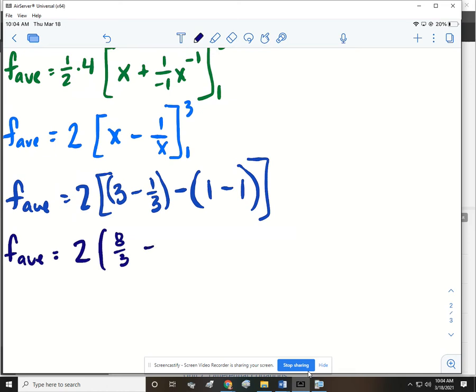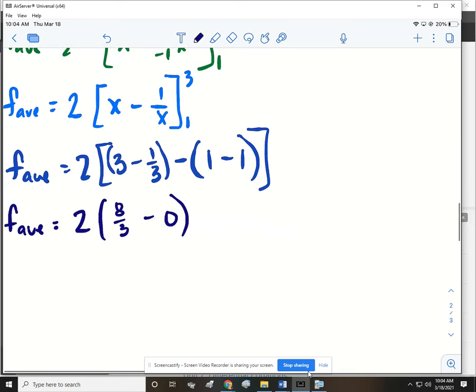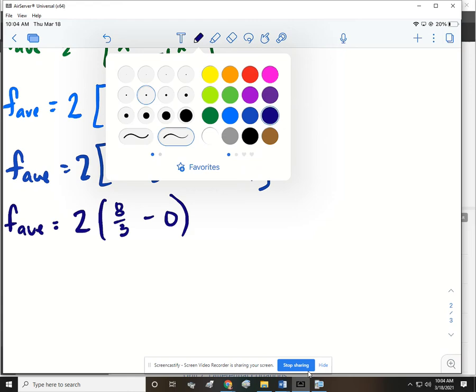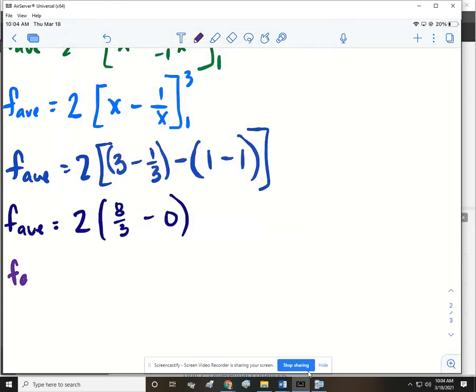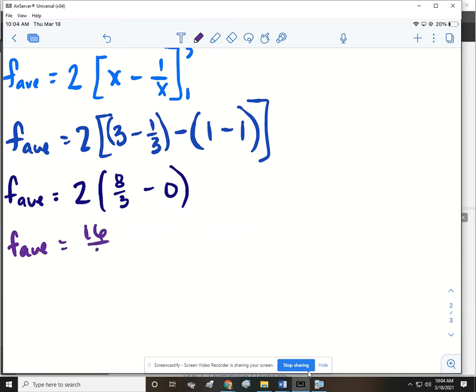All right, and obviously 1 minus 1 is 0. All right, 2 times 8/3 is 16/3. That is the average value of that function on that interval from 1 to 3.